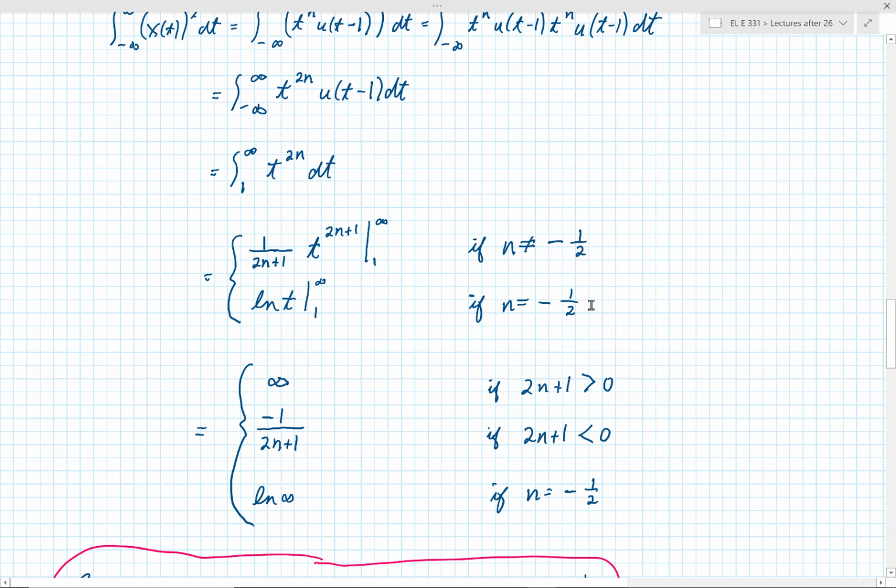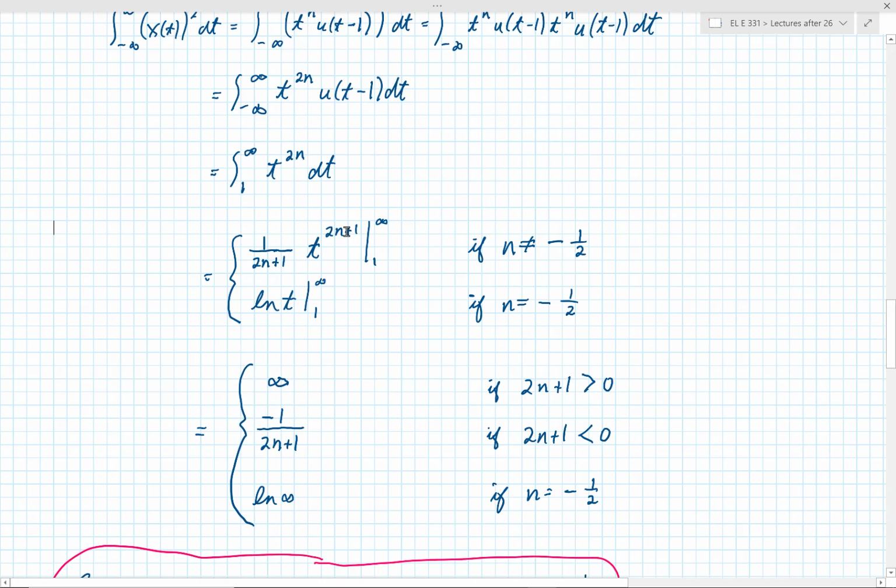Okay, so now let's think about what happens with these. Well, let's look first at the second thing. This will become log of infinity minus the log of 1. And the log of 1 is 0. So this is just log of infinity. That's what we get if n is exactly equal to negative 1/2. But now, in the other case, where n is not equal to negative 1/2, we have this expression, and it needs to now be broken up into two different cases.